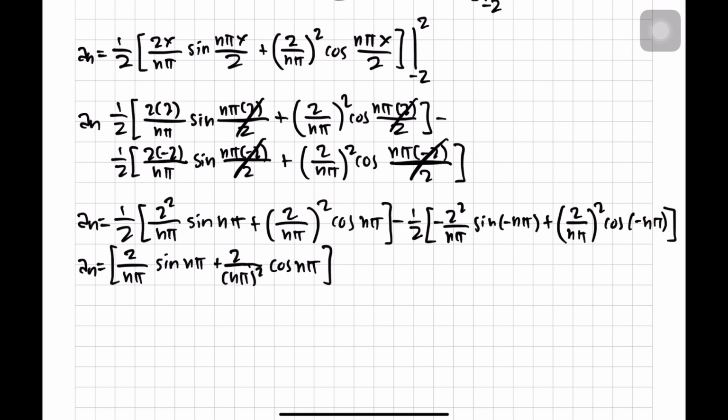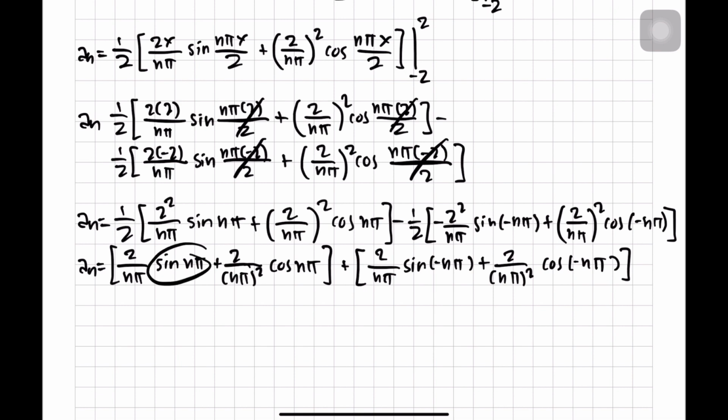So that's negative, that's positive, and it's left positive. The same as the first one, we have 2/(n pi) sine(negative n pi) plus the same. We're left with 2/(n pi squared) cosine(negative n pi). Right, so we're left with this. Here we have sine(n pi), cosine(n pi), sine(negative n pi), and cosine(negative n pi).